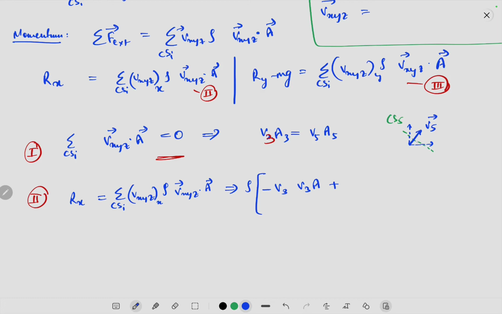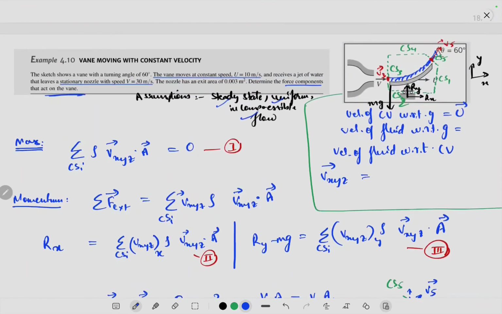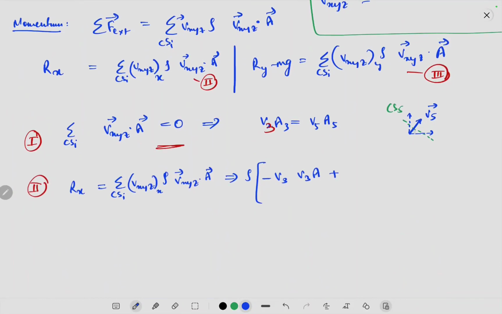What's given is the angle 60 degrees, so this will be V5 cos 60 and this will be V5 sin 60. The component of velocity along x-axis is V5 cos 60, times Vxyz dot A vector.